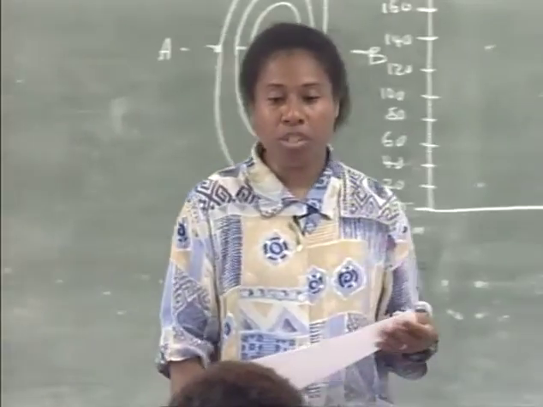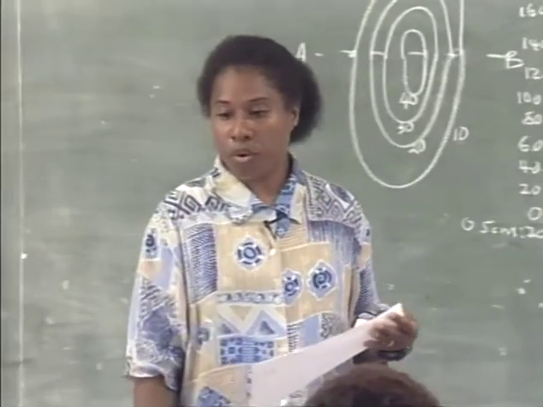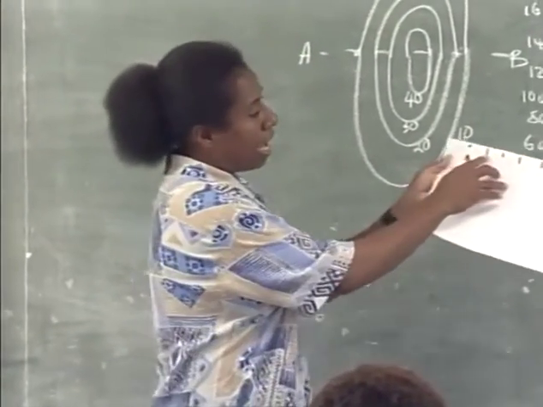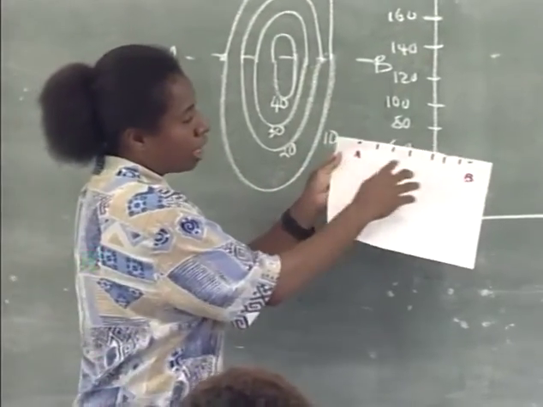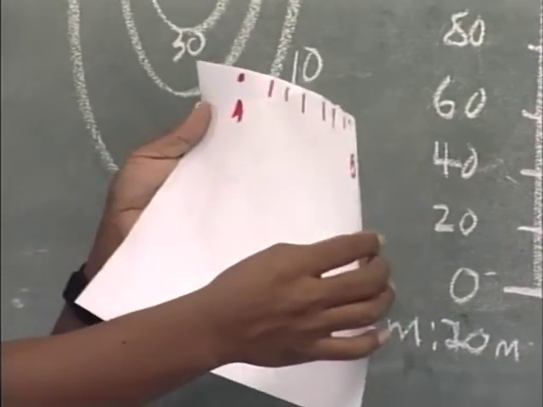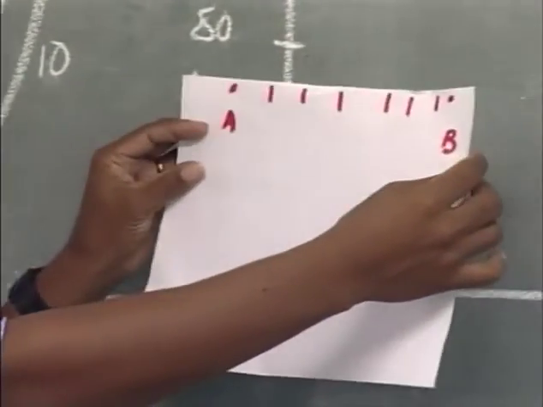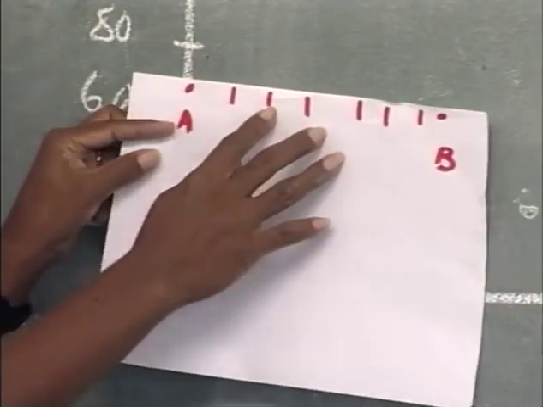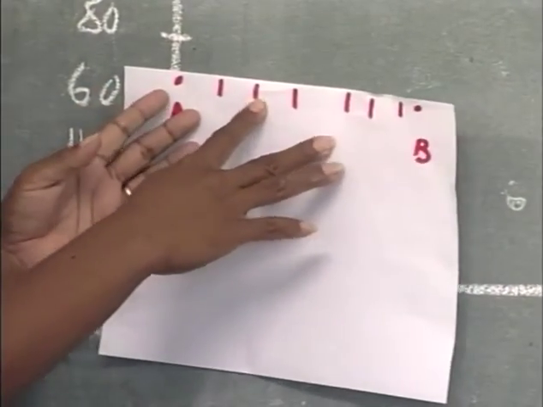Okay, you are going to use the dots to show for every contour line that passes from point A to point B, making sure that the distance is exactly what is shown on your piece of paper.